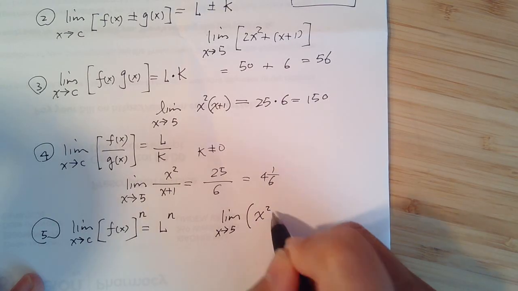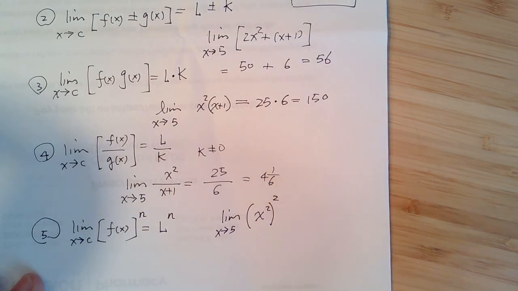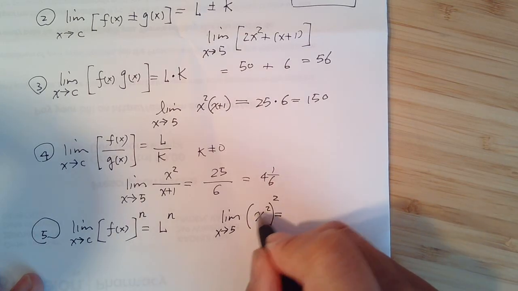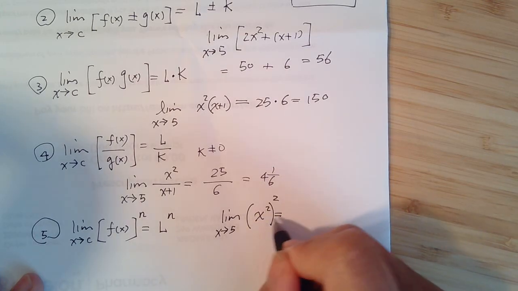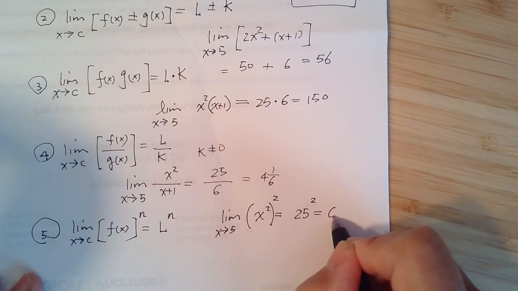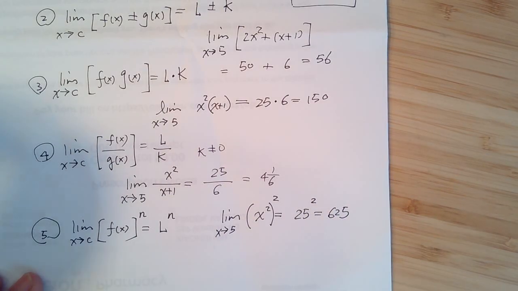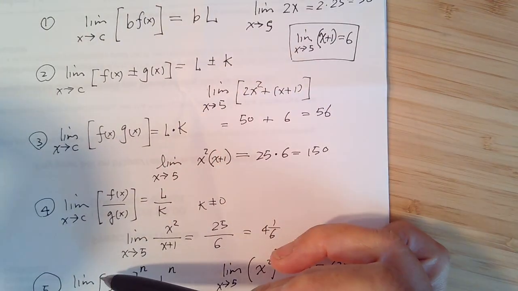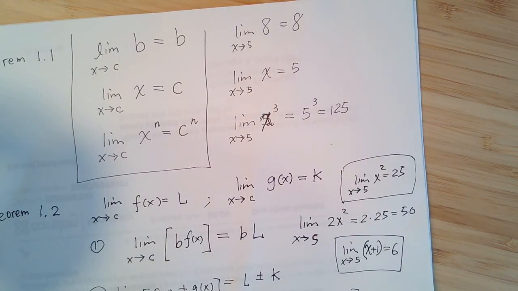So let me just square it again. The limit of that is 25, and then squared, so there will be 625. Those are the 5 properties, and then I gave you some examples. So that's my theorem number 2.